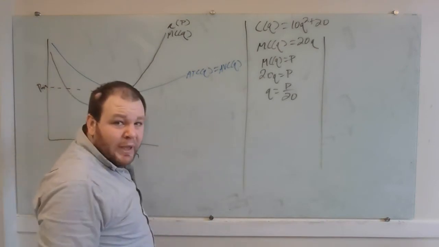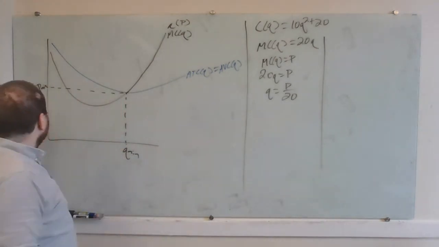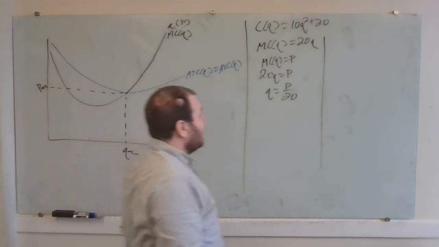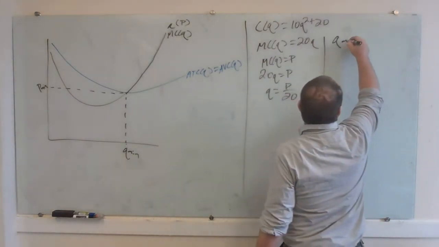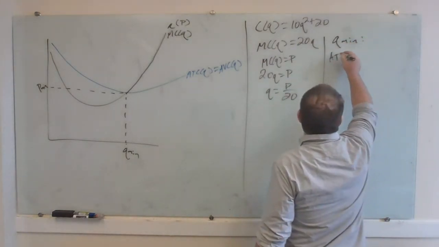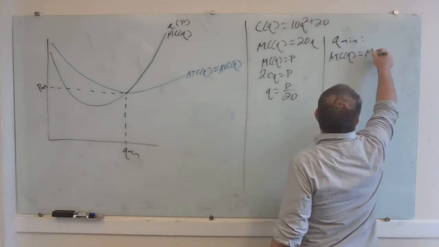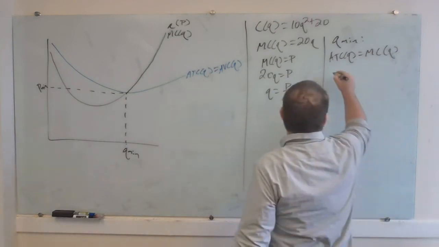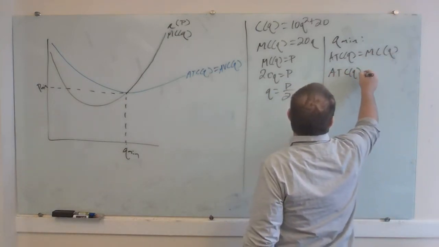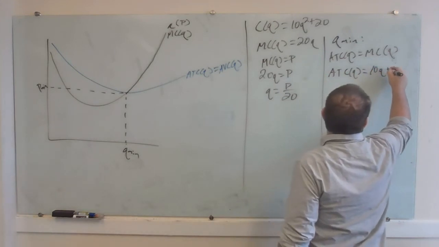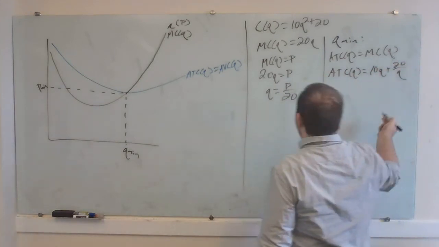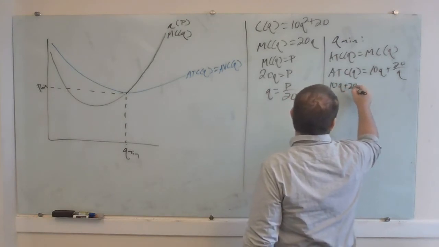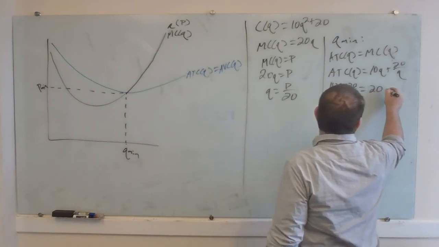The way that we can find this point, right, just as in the short run, is by saying that at this Q min, our marginal cost equals our average total cost. So we can find Q min by saying ATC of Q equals MC of Q. Right? Our ATC is going to be 10Q plus 20 over Q. So what we'll do is we'll say 10Q plus 20 over Q has to equal 20Q, right?